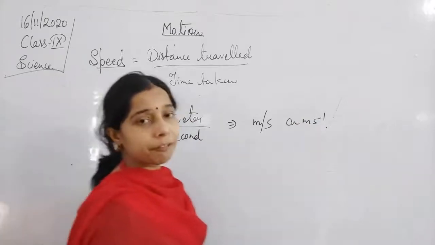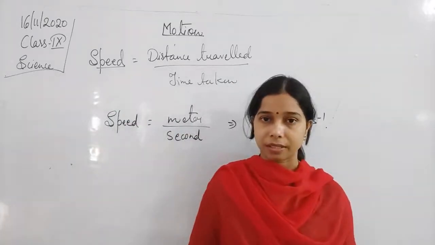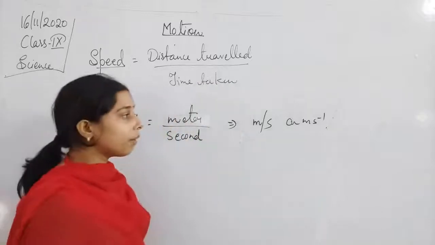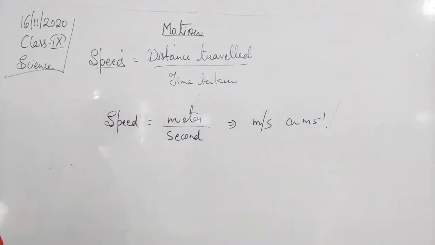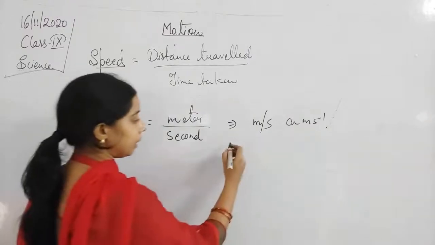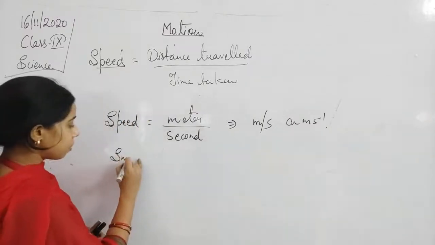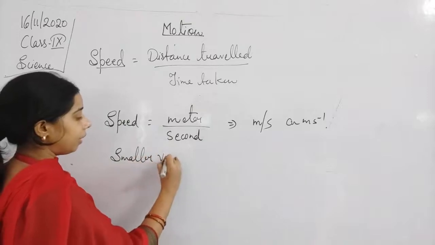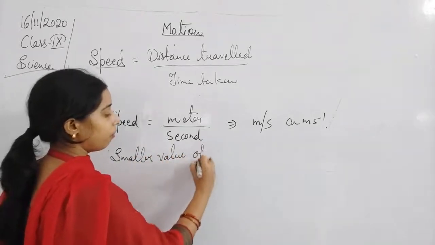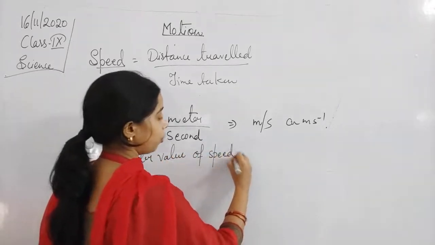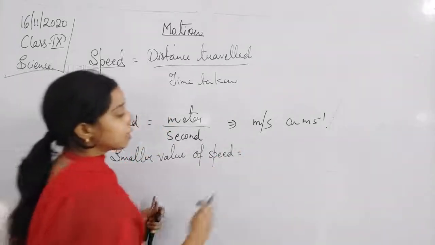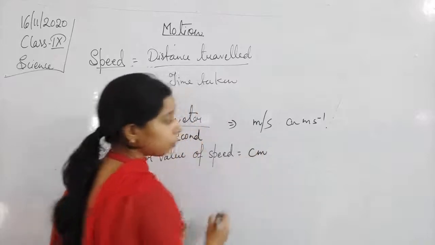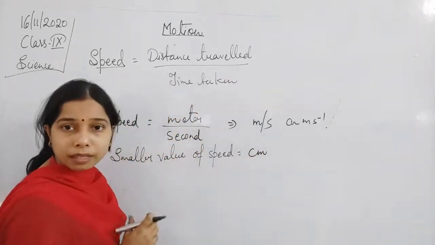Now if we have to find a smaller quantity than the SI unit, what will be the smaller quantity for a small value of the speed? In place of meter, we can write centimeter, because we know that the centimeter is lower than a meter.